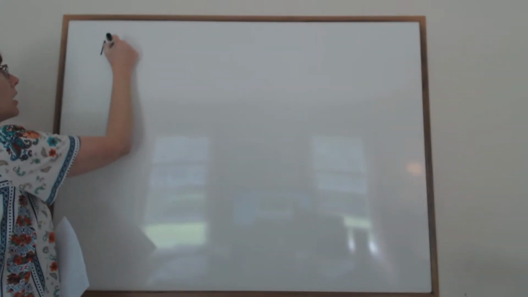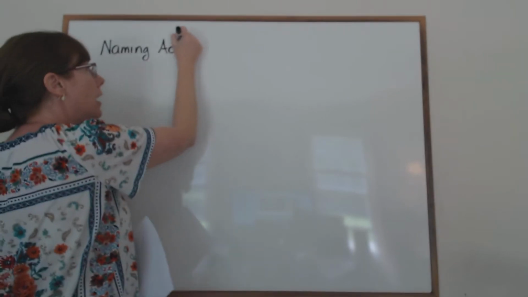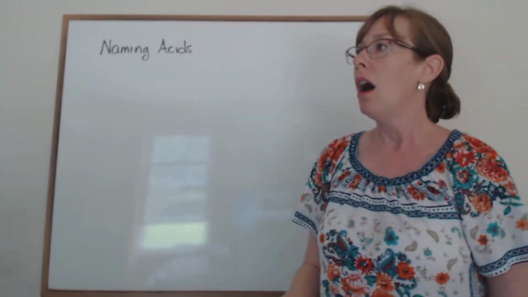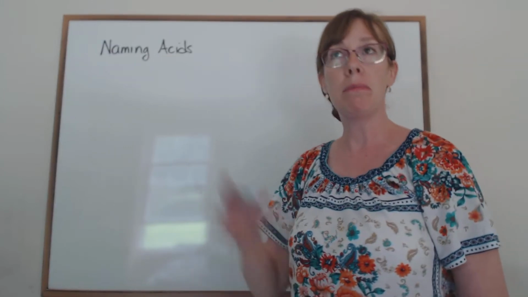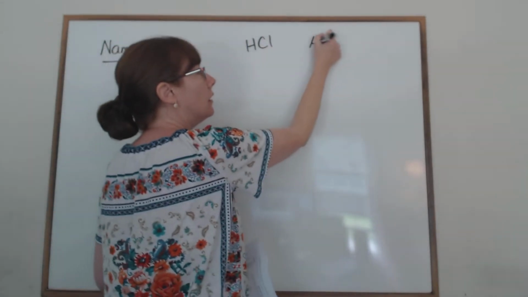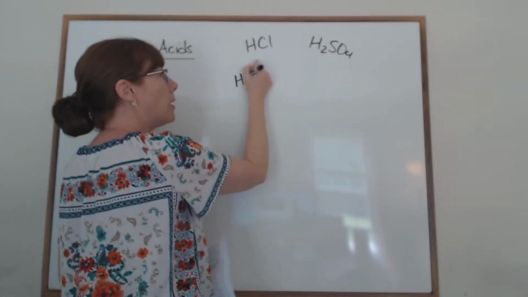So we're going to be talking about naming acids. And I'm not even going to attempt to explain what an acid is quite yet. Although, let me put a few of the acids on the board, just so you can see some of the ones that you memorized.